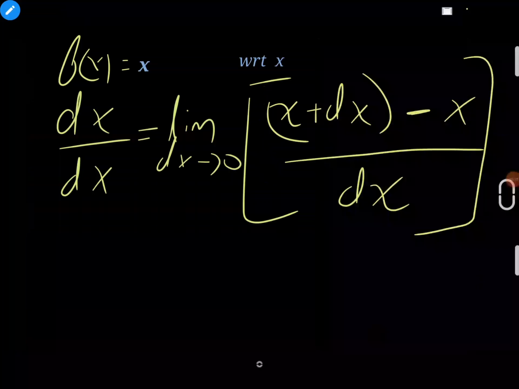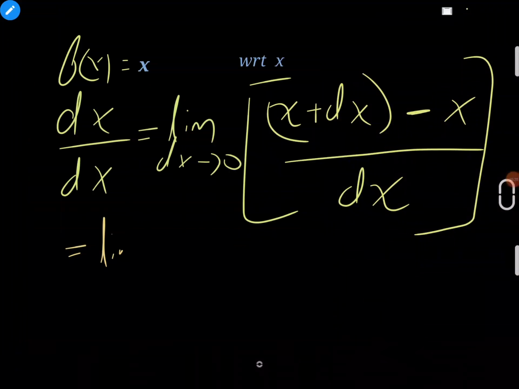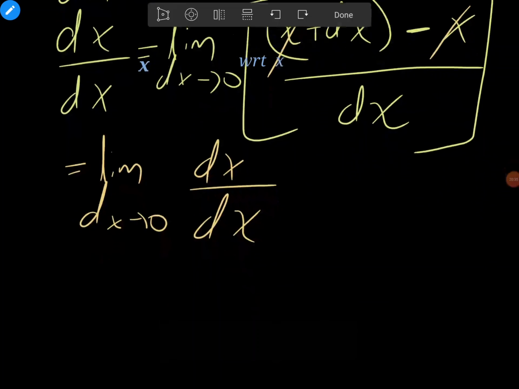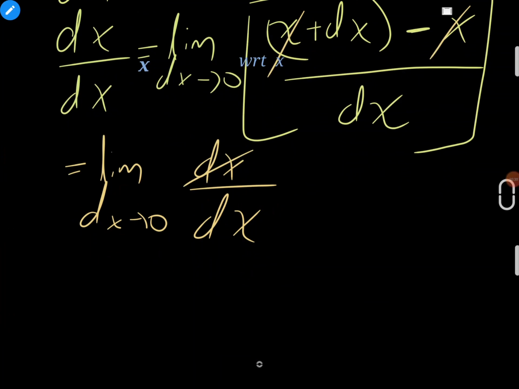Now next, the limit as dx goes to 0. If you look here, this x and this minus x I can cancel. So what do you get? dx by dx, and dx and dx I can cancel.